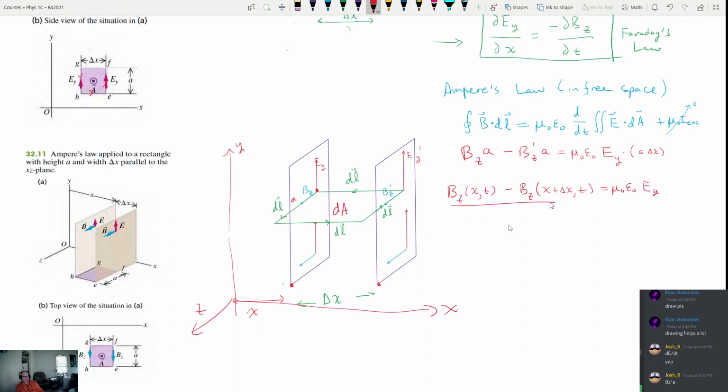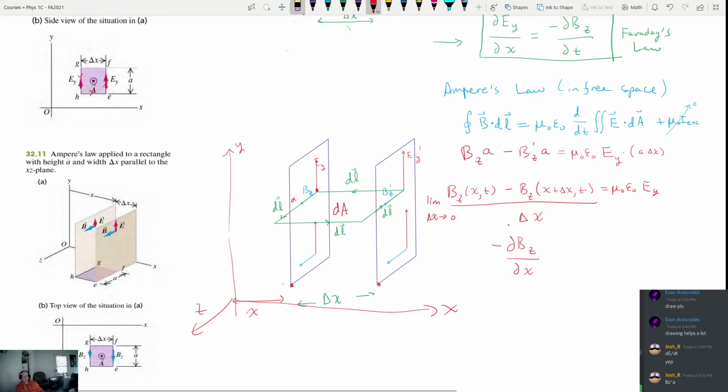And then we just divide both sides by delta x again, and use the same technology from before to say that the limit as delta x approaches 0 of the left-hand side of this. Well, we're varying x, and the difference here is that the x plus delta x should be the negative in front. So what we're going to get out of this one is negative del Bz del x.